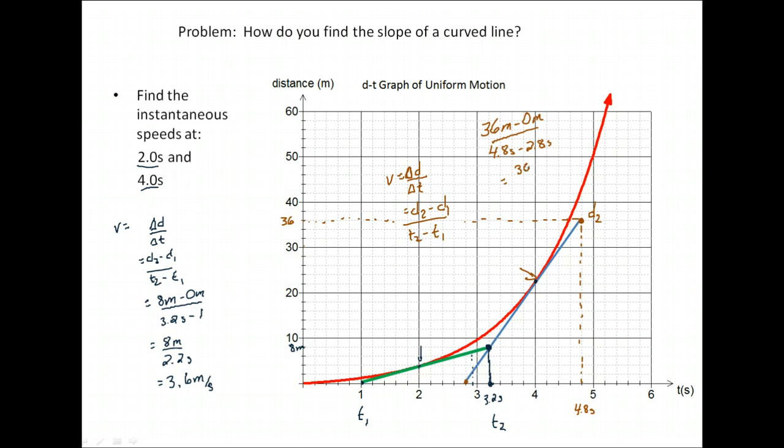So 36 meters. Subtract 2 seconds. Oops. Equals 18 meters per second. So that's my velocity here. And if I compare that back to my first one, much faster. Okay, about 5 times faster.